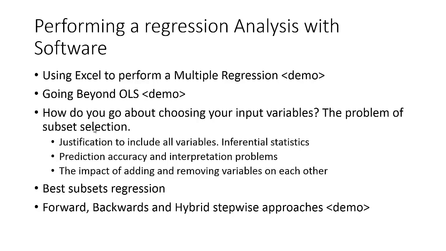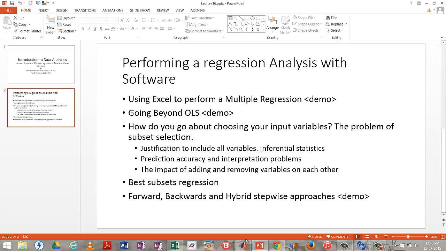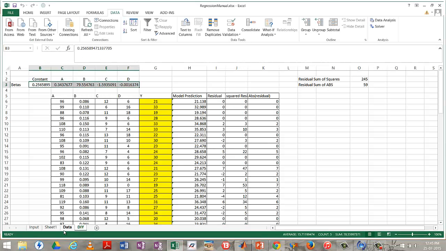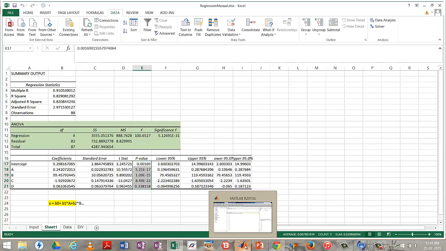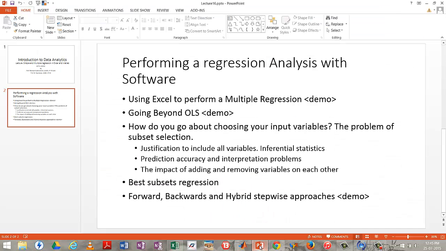And when looking at that, we looked at this fairly simple idea of measuring each individual term through the p-value of the t-statistic. Just to jog your memory, I'm talking about this output, and these p-values that you see in column E from 17 through 21. And you could say anything below a certain value is acceptable, anything above a certain value is not, and that would be the most simplistic way of doing it.